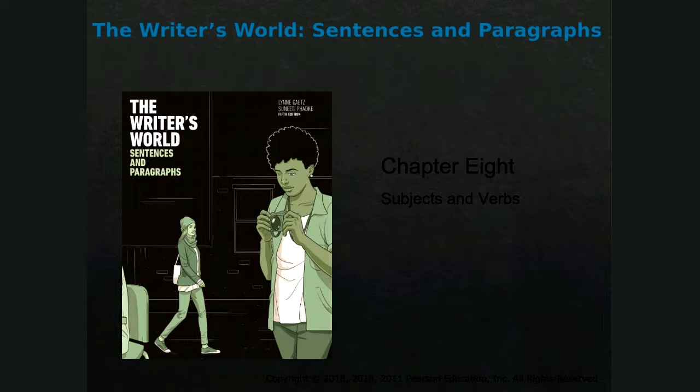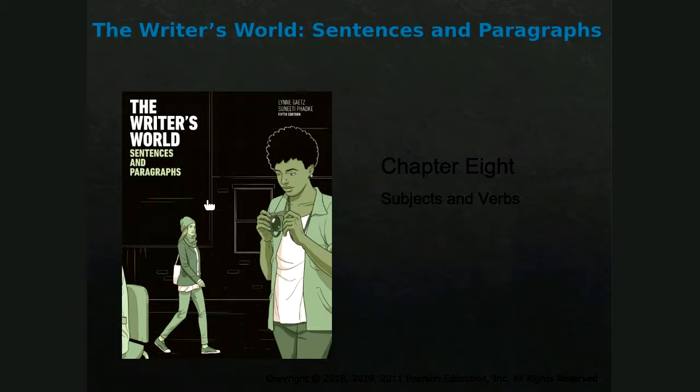You can see a picture of our book. It's called The Writer's World, Sentences and Paragraphs. There was a problem in the bookstore because somehow they got the wrong book, I think. So I don't know if this book is available in the TCC bookstore, but there is a way for you to get your book where you can read it online.